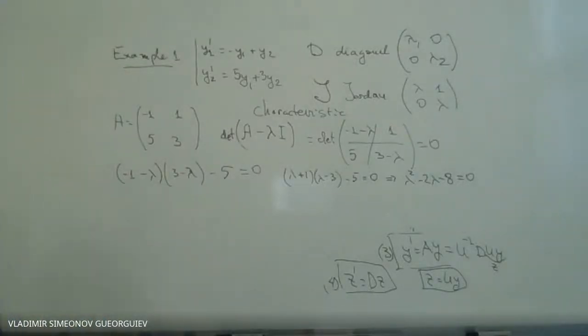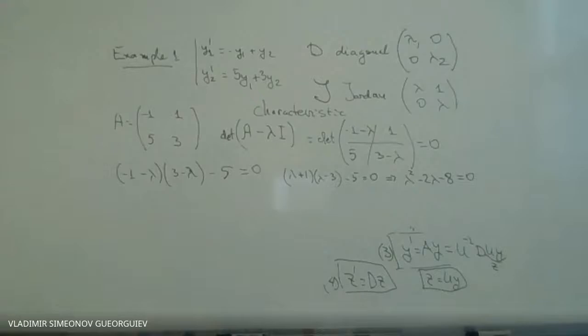Which are the solutions of this equation? Let us see if you can find them. Can you propose me some solution? One root. Typically, in all my examples, I'm trying to find integer roots.